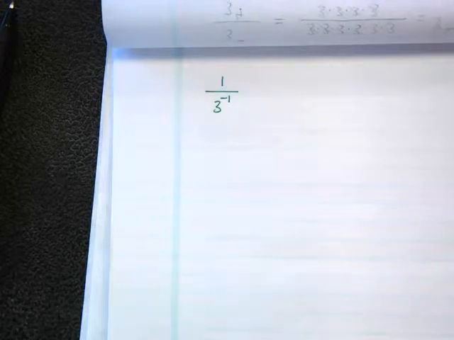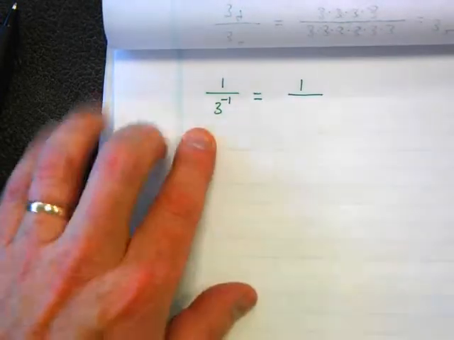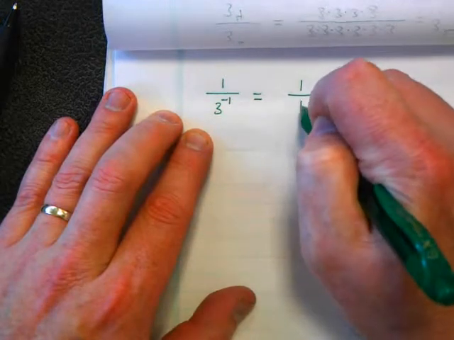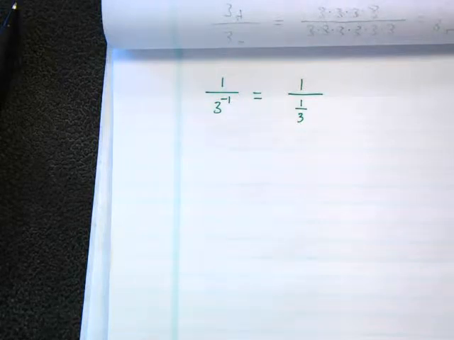How would I get rid of it and make it positive? Just bring it up. How come? It's the inverse, that's correct. Or the answer I like better is this would be 1 over 3 to the negative 1 means the 3 should be on bottom of a fraction. So 3 to the negative 1 is a fancy way of saying 1/3.